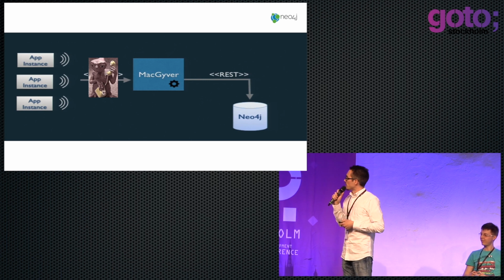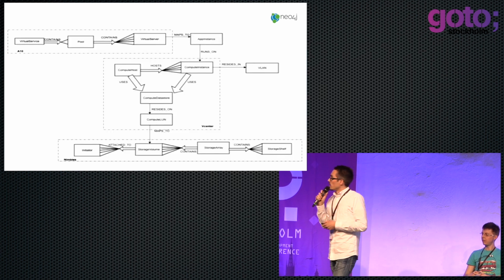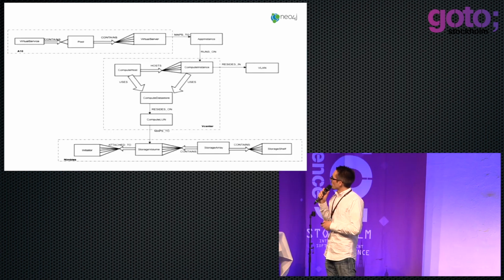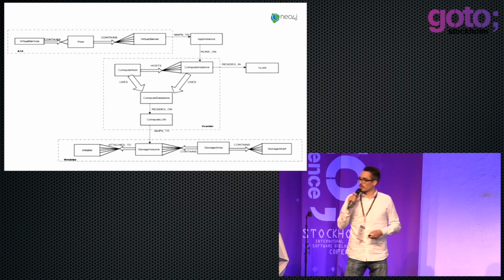It stores all this in Neo, and it's pretty cool. Why would you store it in Neo? Is it really a graph? Well, it turns out it is, because you have virtual services up here that contain pools that contain virtual servers that map to app instances, that run on compute instances, that use data stores, down to storage volumes. Turns out it is a graph.